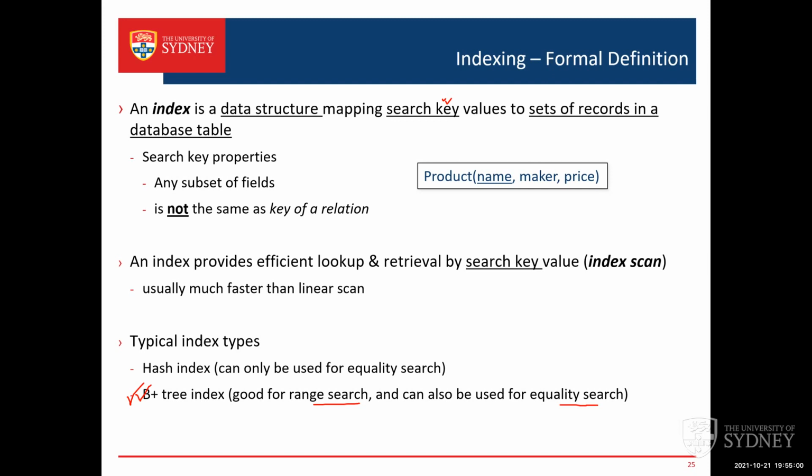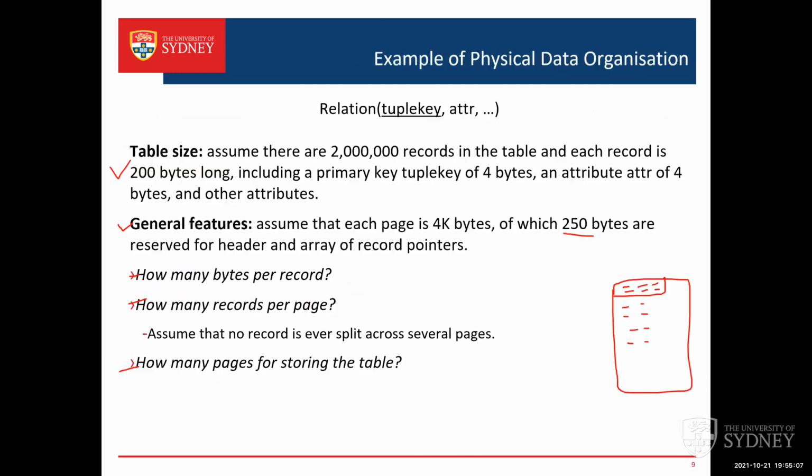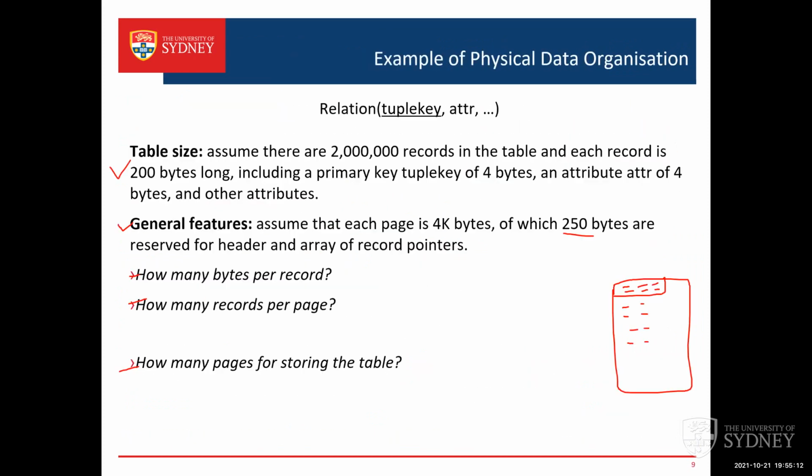Not pretty clear about the overhead, why it is that much for expectation. So look at the question and what this information is giving us. It says you have 2 million records, and each record is 200 bytes long.